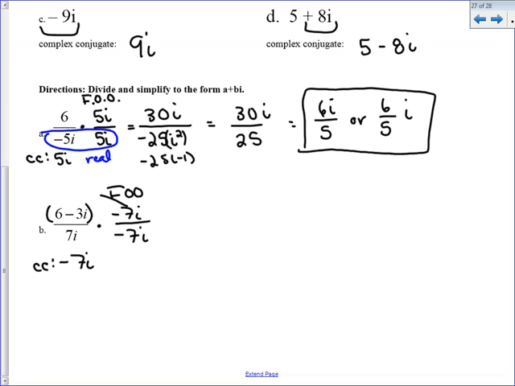But you've got to distribute. So we're going to start with 6 times negative 7i, which is negative 42i. And then negative 3i times negative 7i. Positive 21, and then i squared.